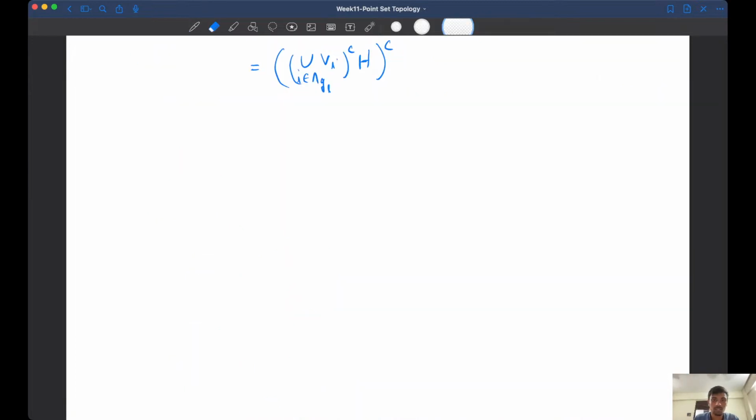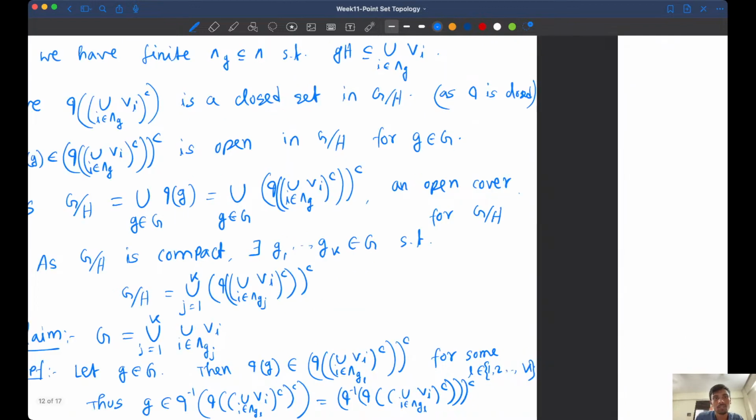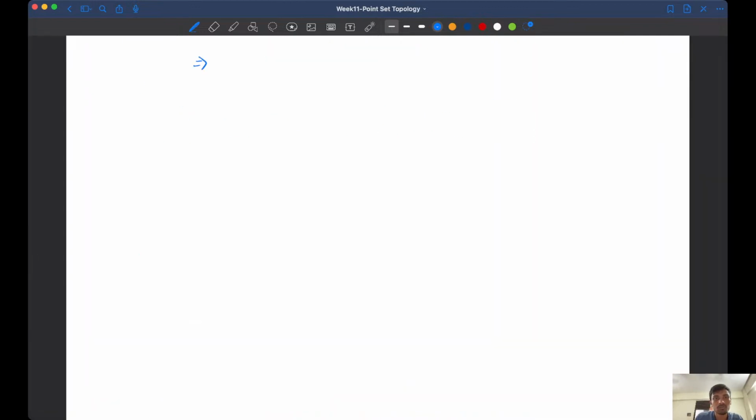Now I can say that G belongs here, that means G does not belong to Q inverse of Q of this thing, right? This implies G does not belong to Q inverse of Q union over I belongs to lambda GL Vi complement, right?